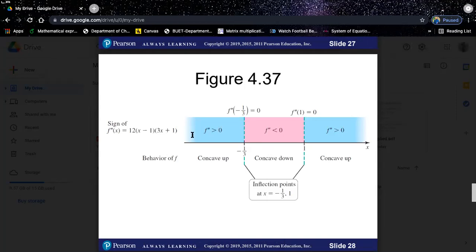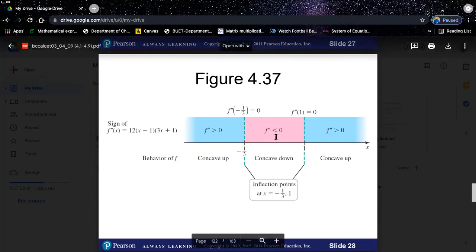Let's try this one. From -1/3 to 1, we can pick the value 0, right? 0 definitely lies in between. So if we take 0 here, let's see what happens. It's 0 minus 1 and 0 plus 1, so it's -1 times +1, so it's -1 times 12.